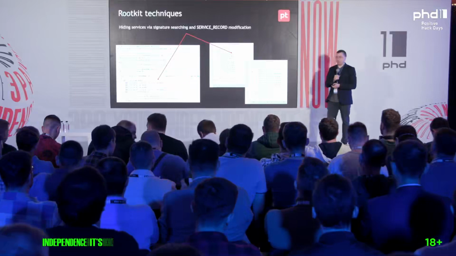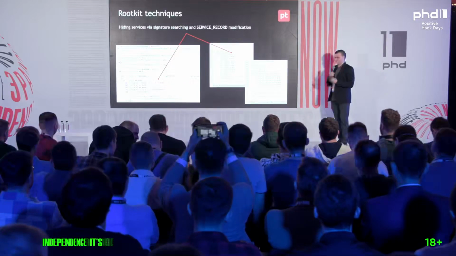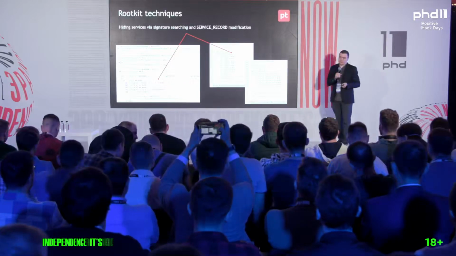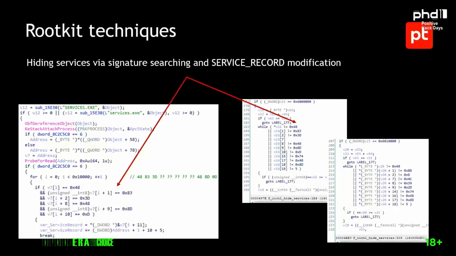Now, also we have services, right? And it's very popular. Architecturally, they are very similar to processes. In the core, there is a process structure, but for services in user mode, there is an entity called service records.